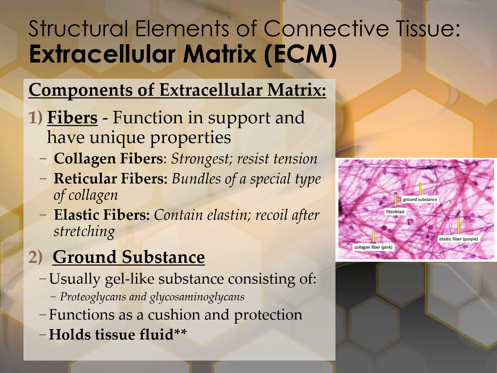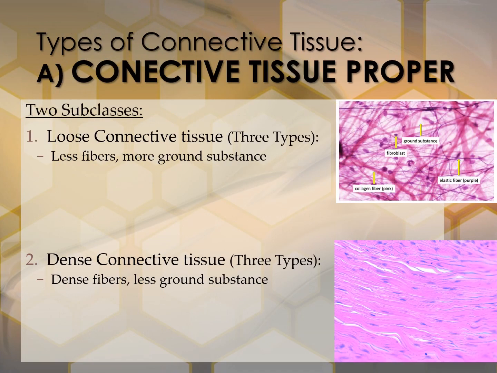So it functions kind of as a cushion and protection, okay? And it holds fluid, okay? So it's a gel-like substance. Think of it kind of like gel, right? And it holds fluid. Gel holds fluid, okay? In a more solid state, okay?